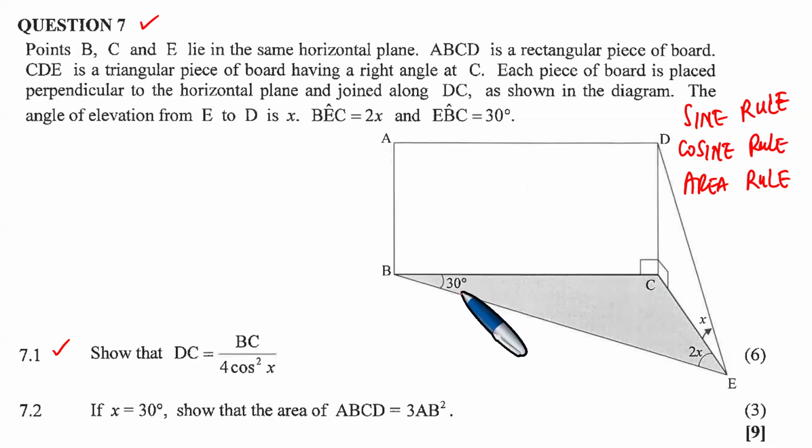There's an angle 30 degrees here, which is the angle EBC. Show that DC is equal to BC over 4 cosine squared X. Let's look at these here.